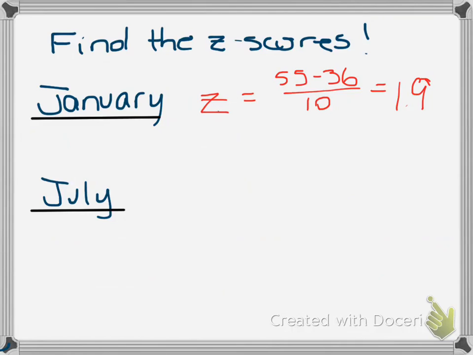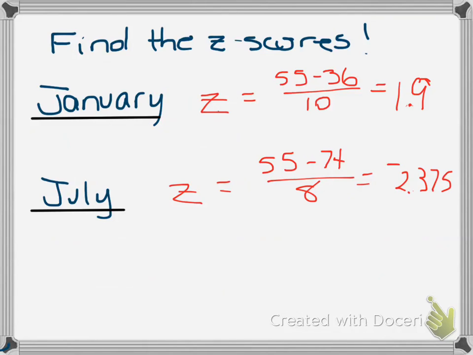That's for January. And for July, we're going to have 55 minus the mean temperature of 74 divided by 8. And that gives us a z-score of negative 2.375.